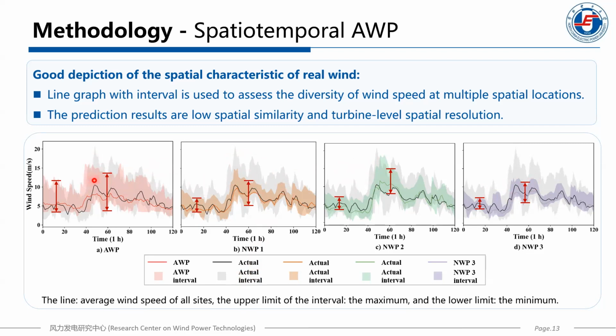So you could see from this picture, the gray range is very wide, which means that in these 20 sites, the real wind has a very diverse correlation, not very high, because the topography is relatively complex.